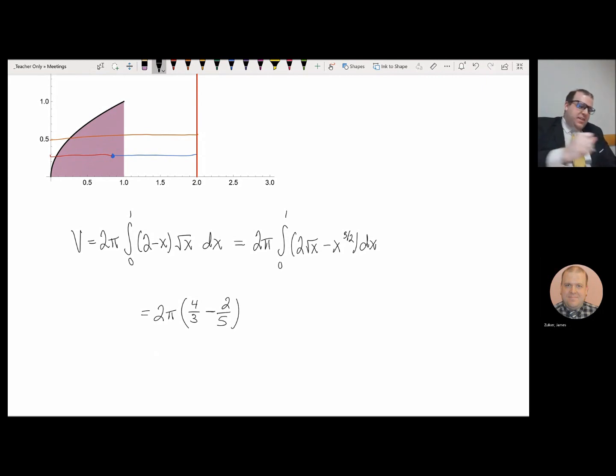Four-thirds minus 2/5. I'm going to have denominator 15. 20 minus 6, 14 times 2. Our volume is 28 pi over 15.